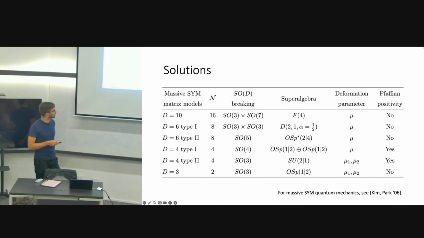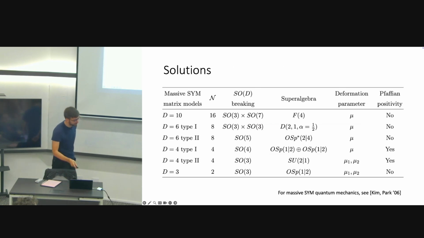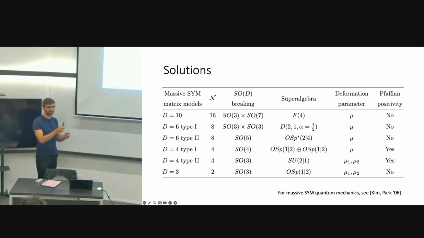If you want to get these models from dimensional reduction, I guess you should give mass to gauge fields, which means it's not gauge invariant. Okay, maybe it will become clear when I write one action, but when I give mass terms to gauge fields, basically. So I don't know how you would get this from dimensional reduction.